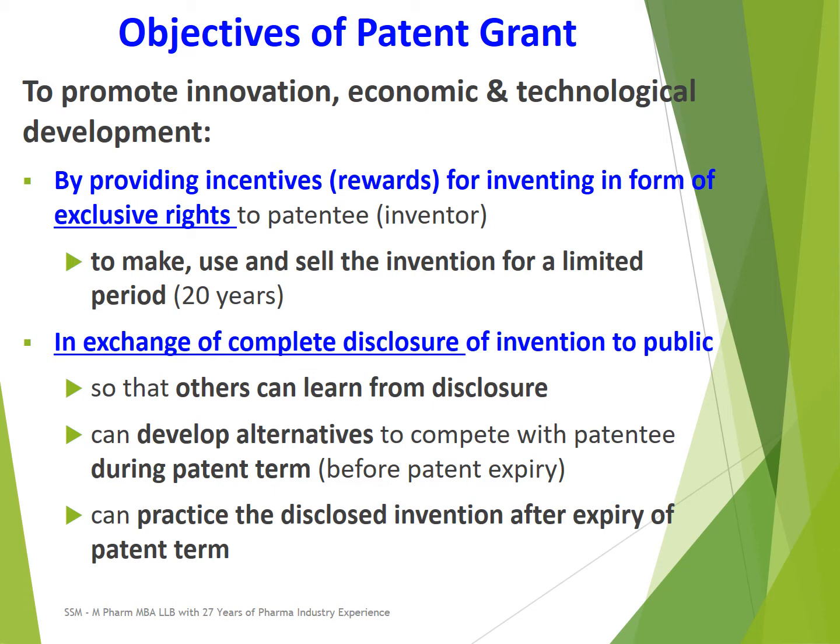During the existing patent term, other companies or people may develop alternative products related to that invention, and they can compete with the inventor before expiry. And also others can practice the disclosed invention after expiry of the patent term. Once the patent has expired, anyone can practice or use that invention.